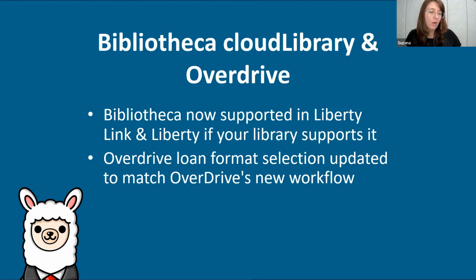This integration provides access to online ebooks, audiobooks, and those resources are imported automatically via housekeeping. This is a separate module within Liberty, so get in touch with our support team to find out more. The Overdrive loan format selection has also been updated to match Overdrive's new workflow, and that appears in both LibertyLink and Liberty.